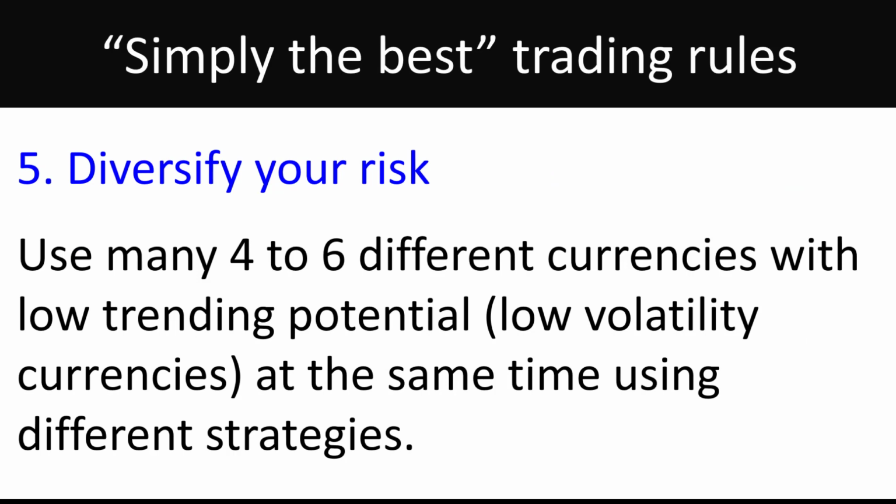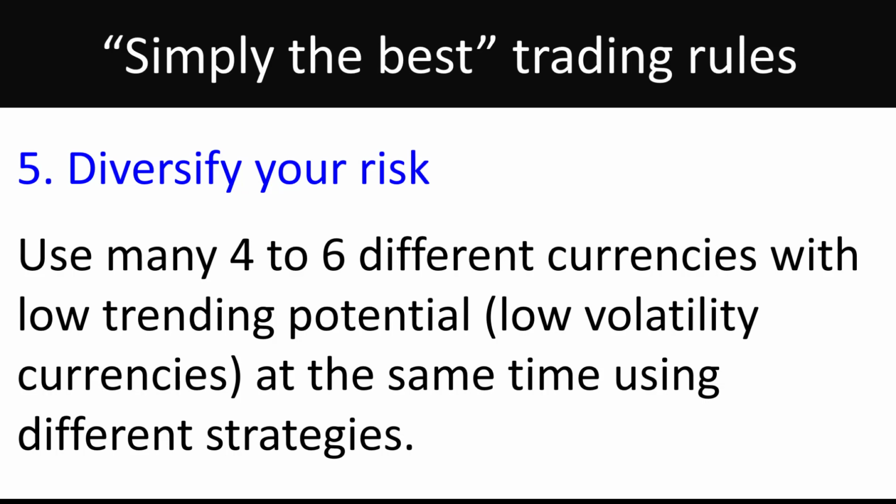Then the next important one when using this particular technique is use as many different currencies with very low trending potential, and low volatility currencies have got low trending potential, at the same time using different strategies. And I'll explain that in a little bit more detail when we look at our live trading portfolio.